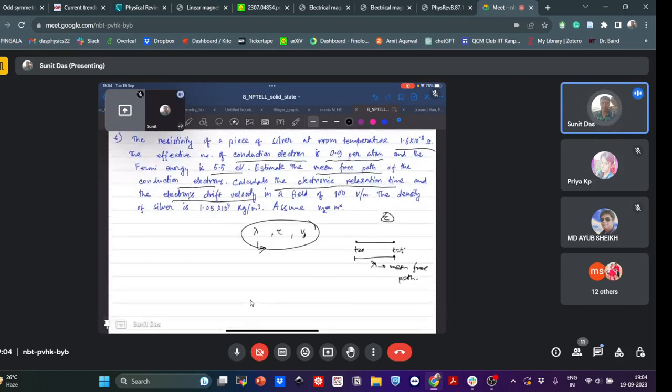And we have been given the density, 1.05 into 10 to the power 4 SI unit, and the electronic mass is equivalent to the effective mass.